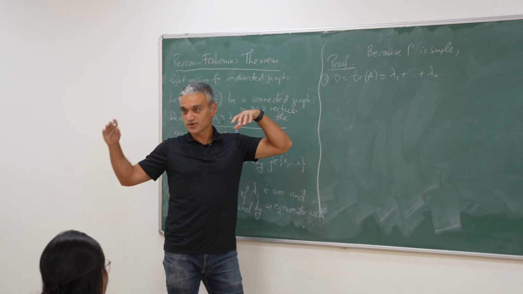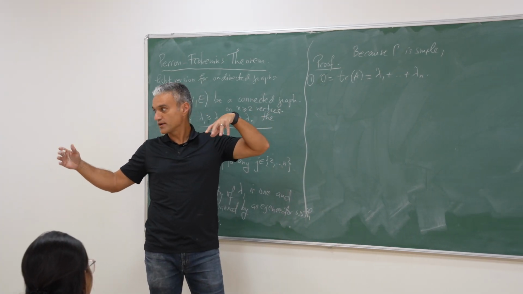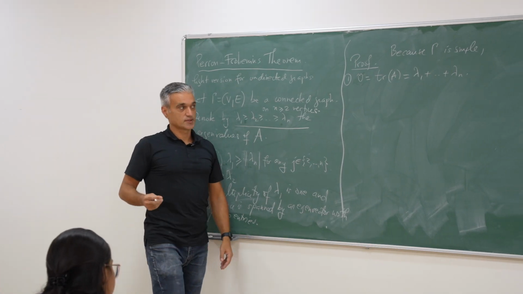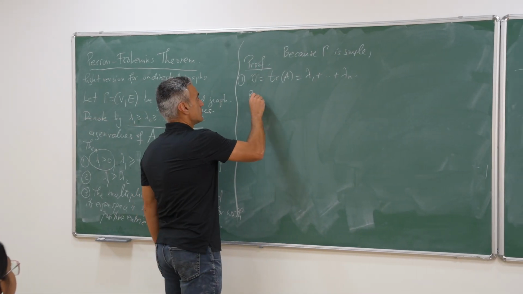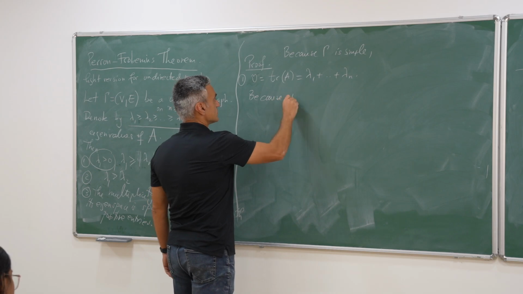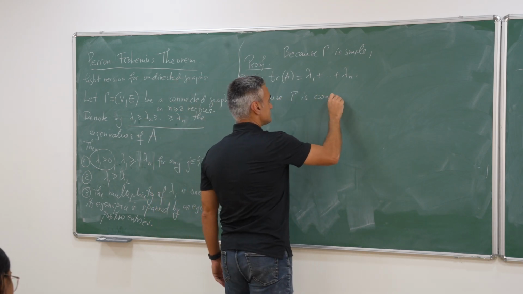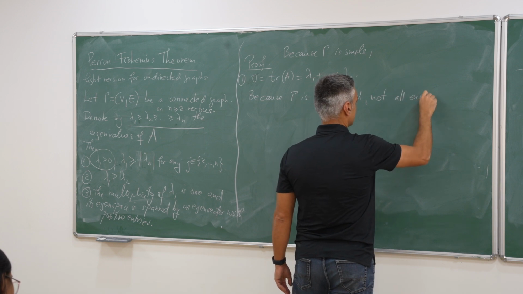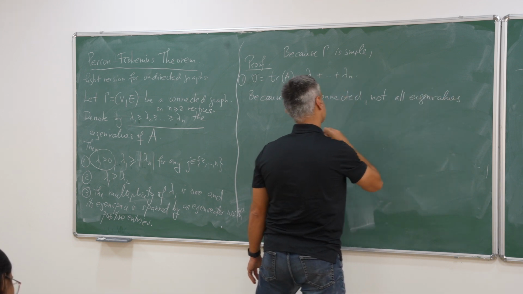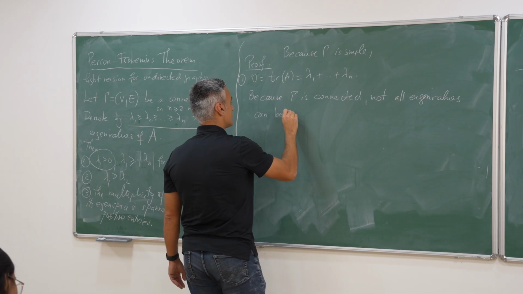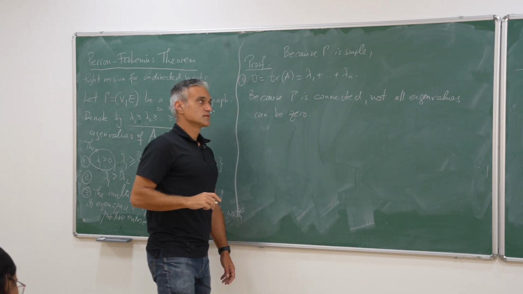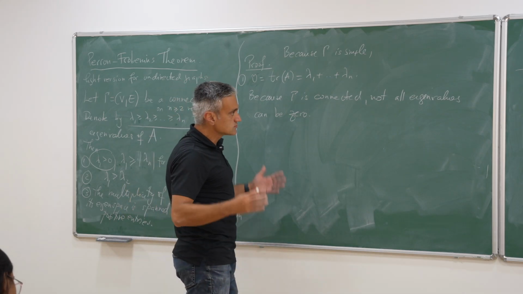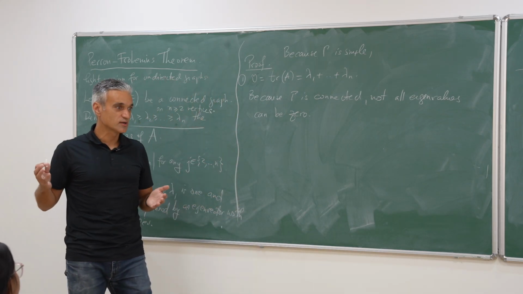All cannot be positive, all cannot be negative, but all cannot be zero. Why can all not be zero? Because the graph will be 0, 1. Okay, so because gamma is connected, not all eigenvalues can be 0, so you'll have some positive and something non-zero.